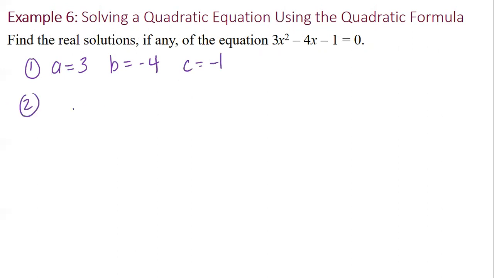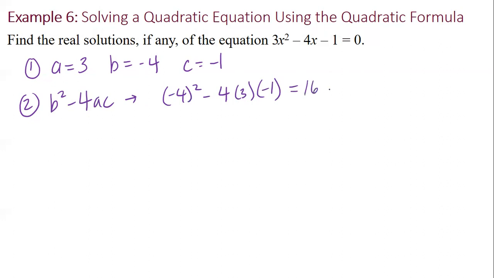Step 2 is to test your discriminant. So your discriminant again is b squared minus 4ac. So I end up with -4 squared minus 4 times 3 times -1. This equals 16 plus 12, which equals 28. So this tells me that I should keep going because I'm going to have 2 real solutions.